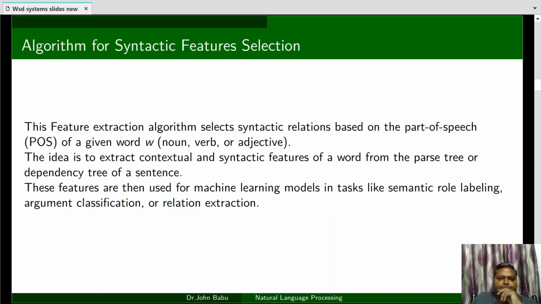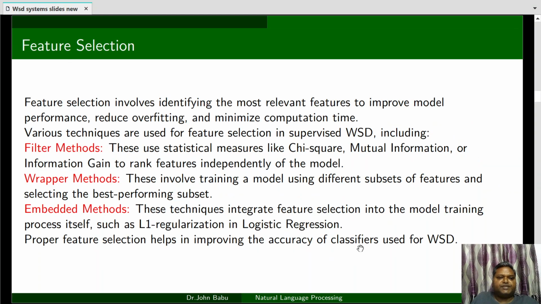In this algorithm, we'll be selecting the features of different words, extracting the parts of speech, the voice, and other aspects of the syntactic feature. We have different methods for feature selection, as we have seen in our machine learning subject.